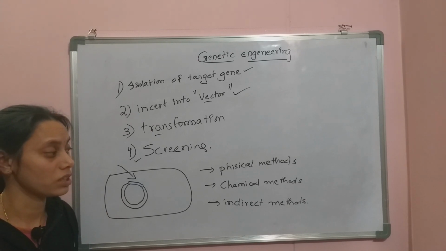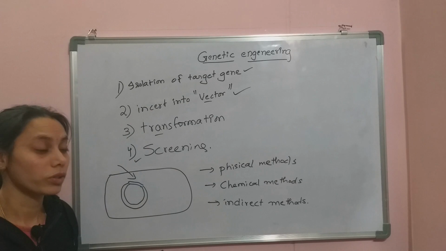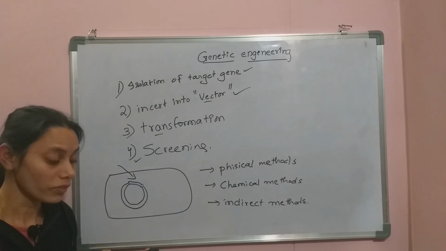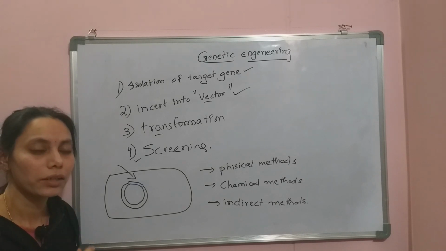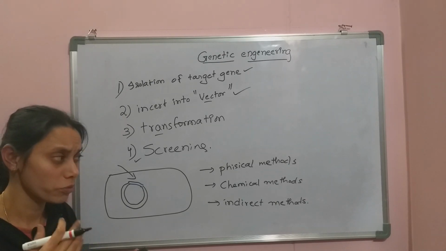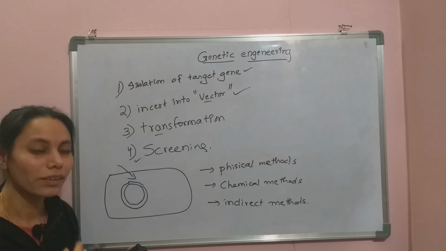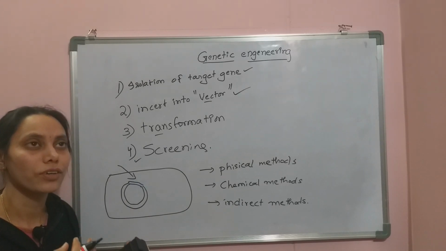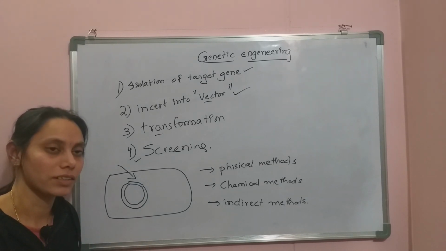Bacteriophages are used as carriers for vector transport into the host cell for transformation, and also Agrobacterium tumefaciens is the bacteria generally used to transform plant cells.